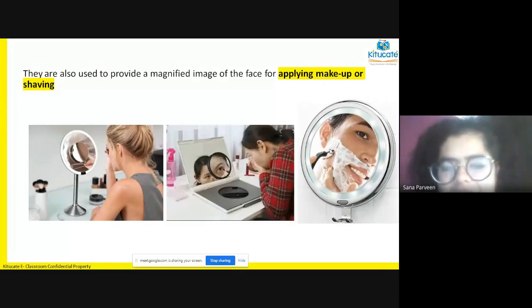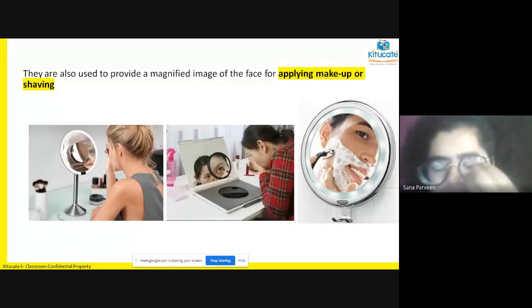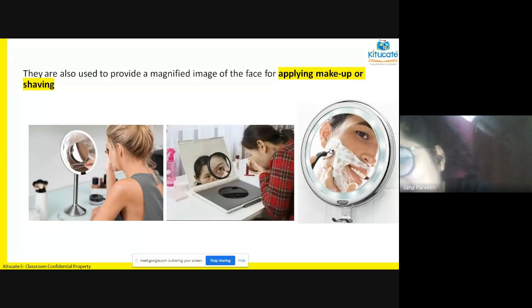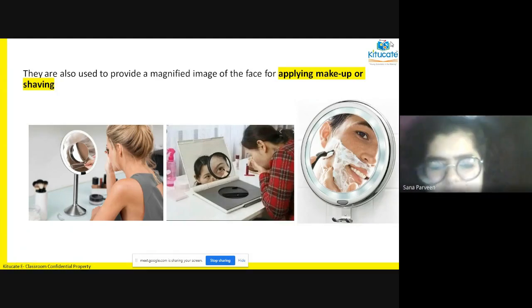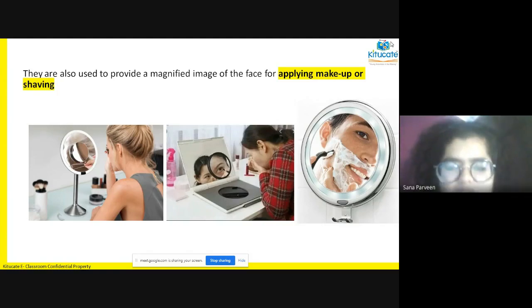You want to see fine hair on the face, you need to enlarge the hair and see where exactly to place the blade, where exactly it will cut. So for all these purposes, when you want a magnified version of the image, we go for using concave mirrors.